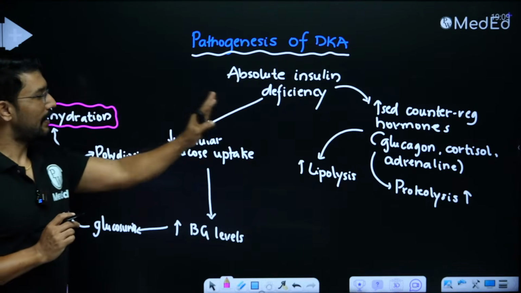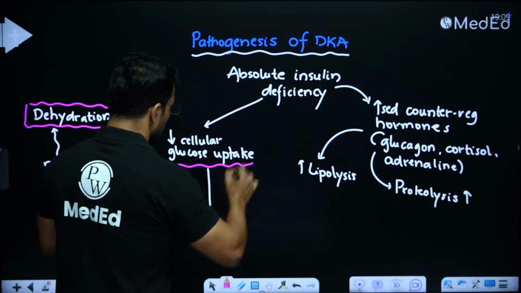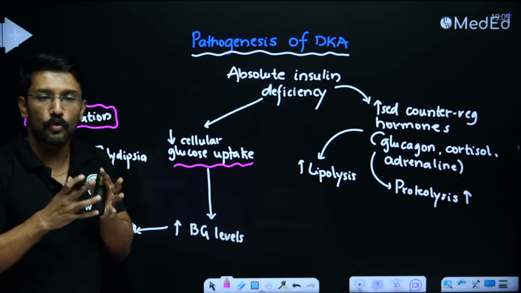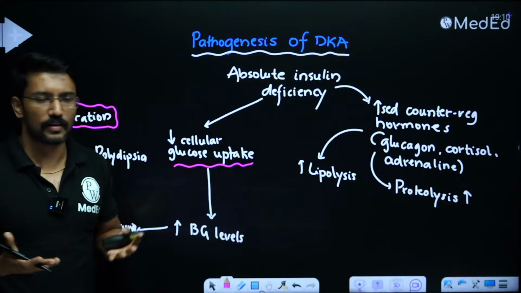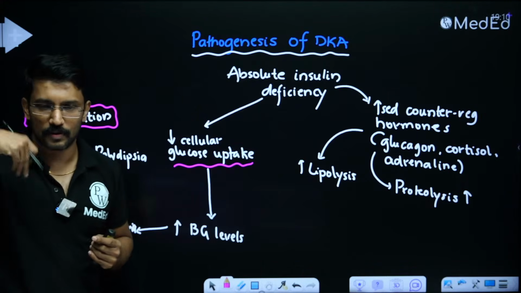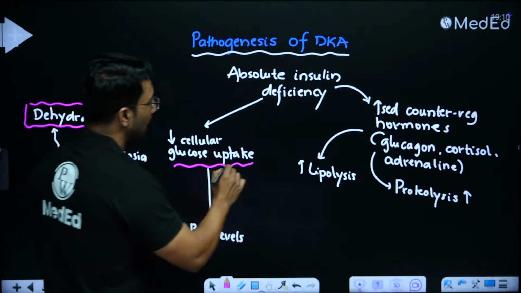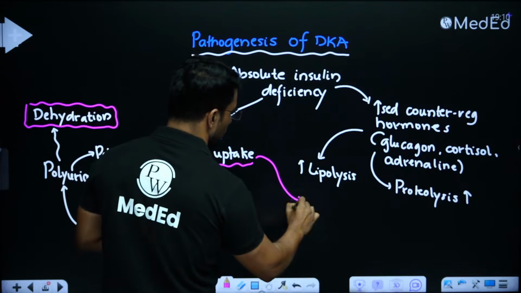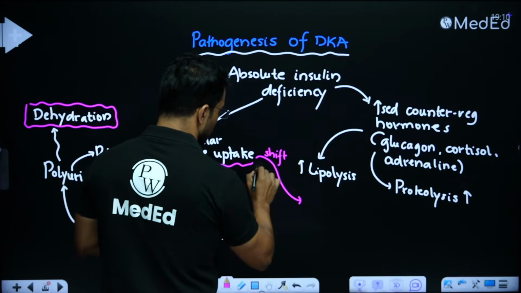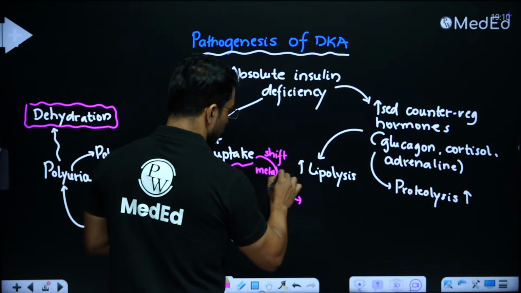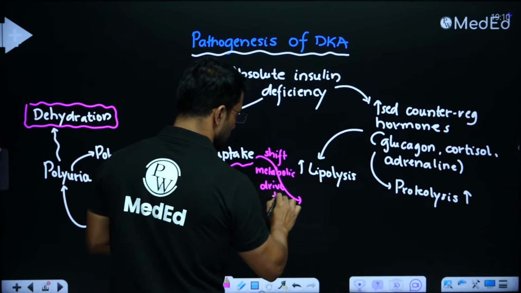Okay. Next. Now that there is decreased cellular uptake of glucose, cells are no longer dependent on glucose for metabolism because they can't get the glucose because insulin is not there. So glucose won't enter the cell. So now from where should the cells derive energy? That shifts the metabolic drive to lipolysis.